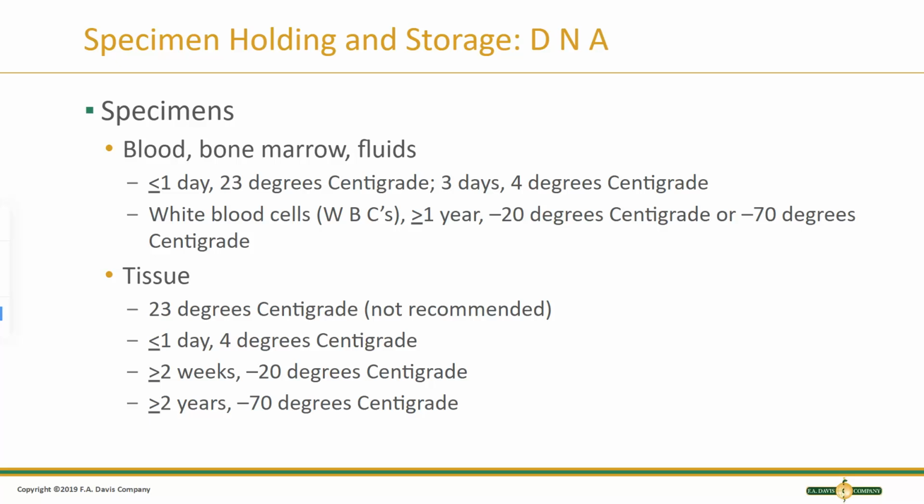White blood cells greater than a year would be -20 or -70. And that's in an intense freezer. Tissue, so 23 degrees, not recommended. Less than 1 day would be 4 degrees, greater than 2 weeks would be -20, greater than 2 years would be -70.